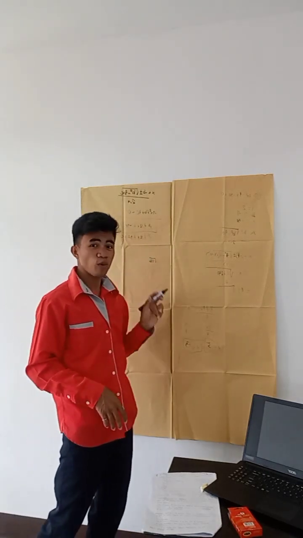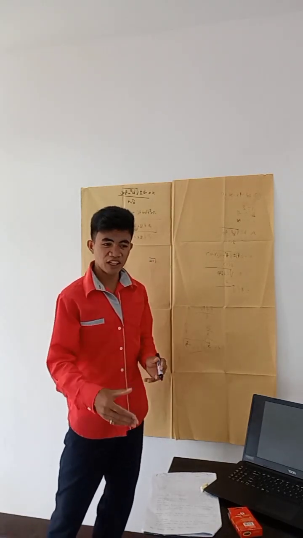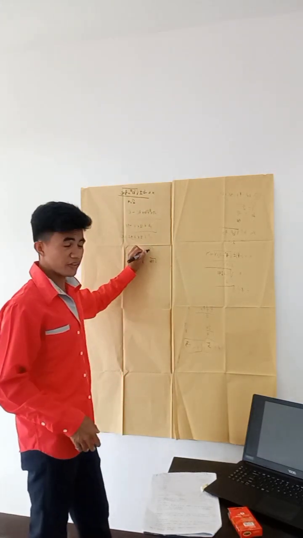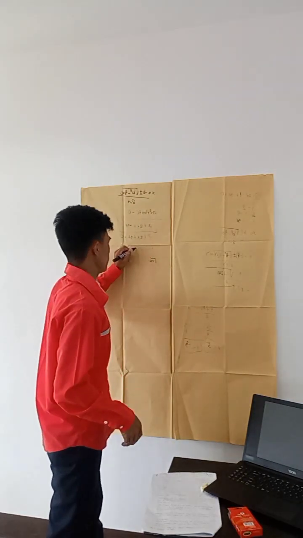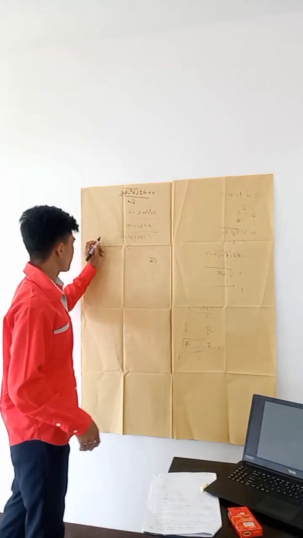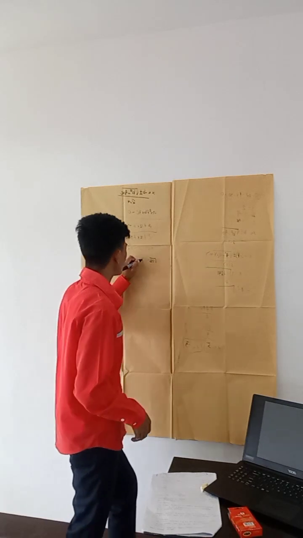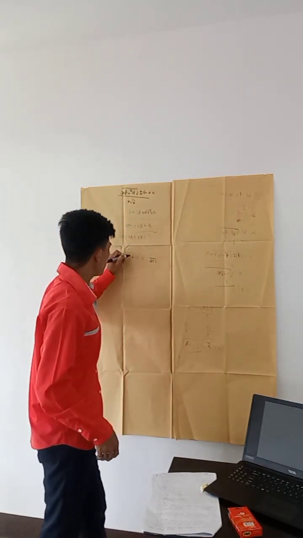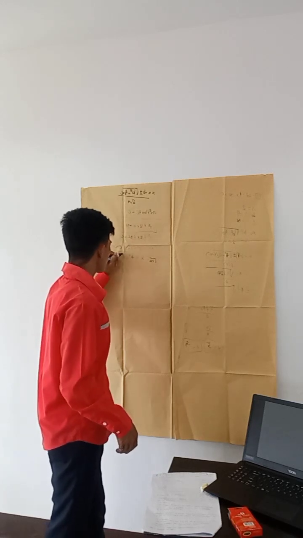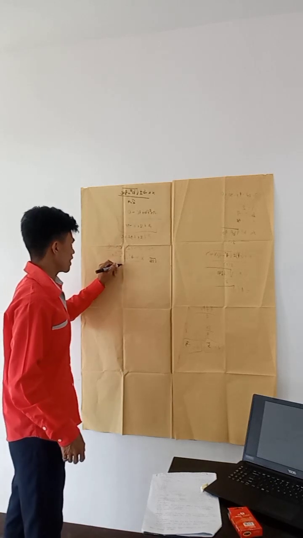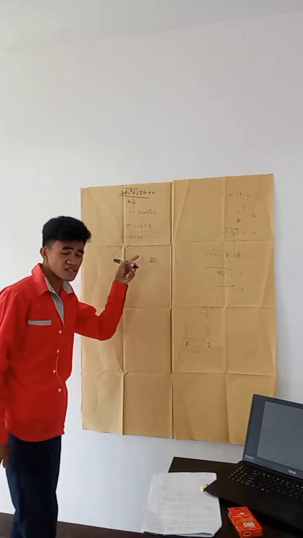So this time, we can identify the values of a, b, and c. What is the value of a? 1. How about b? 12. How about c? 32. Then we're going to rewrite the formula. x equals negative b plus or minus the square root of b squared minus 4ac over 2a. Again, what's the next step?